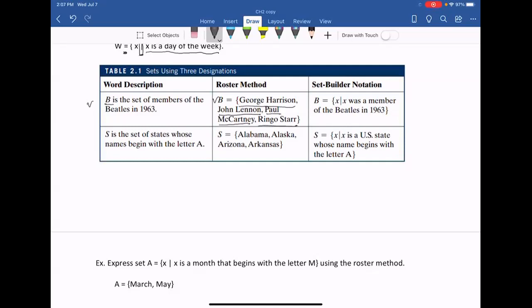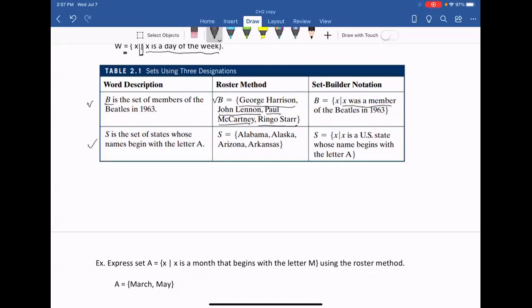Another way to represent the set B is: B is all the elements x such that x was a member of the Beatles in 1963.